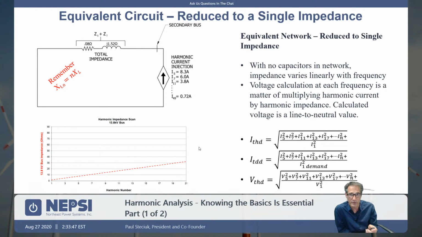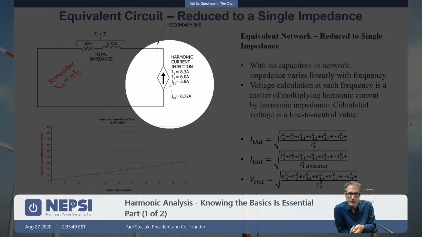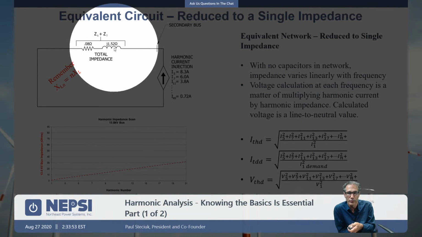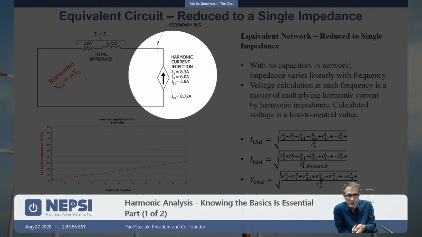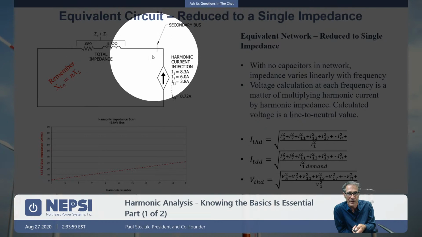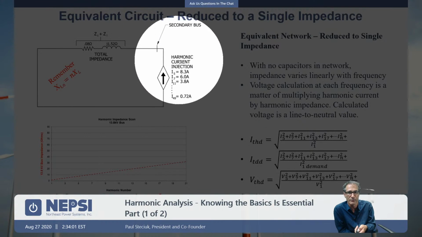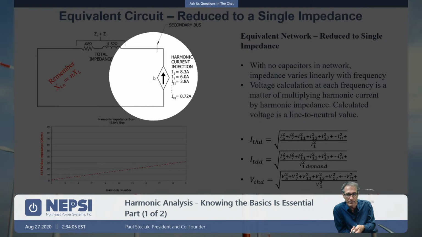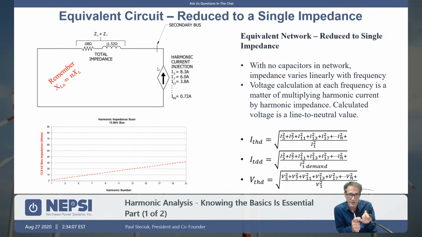So we can calculate the voltage here very easily now, if you think about it. We take this 8.3 amps, we multiply it times 1.52, but because it's the fifth harmonic, it's 5 times 1.52. So 5 times 1.52 times 8.3 will give me the fifth harmonic voltage at this point. I can do the analysis for the seventh, same thing, 7 times 1.52 times 6.0 will give me the 7th harmonic voltage at this point.